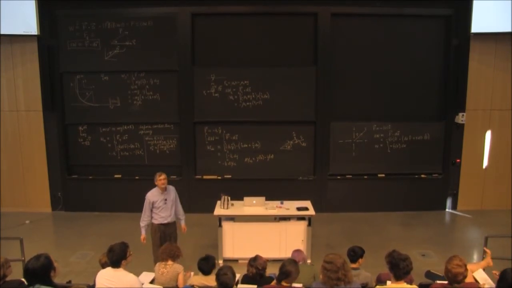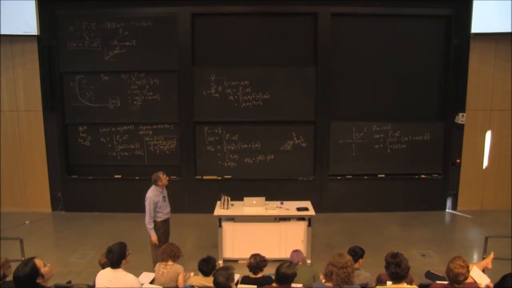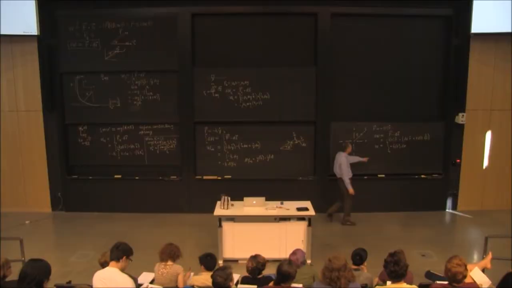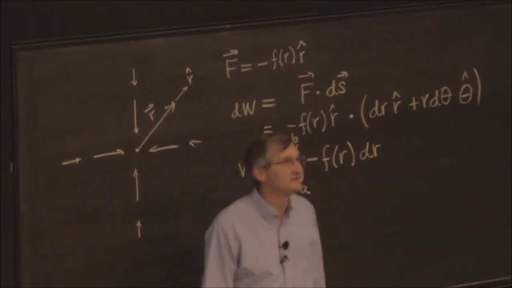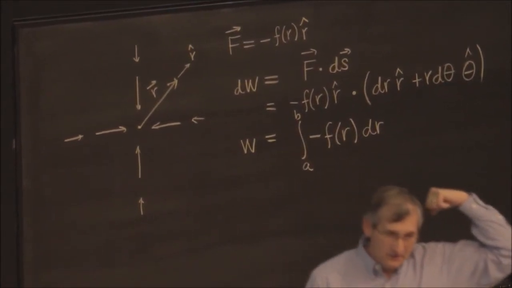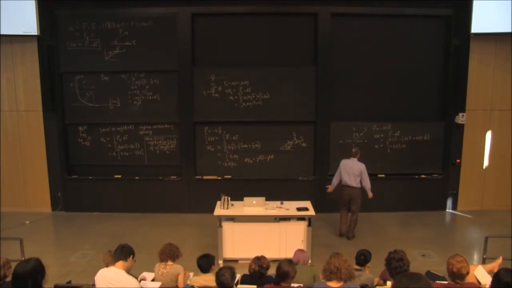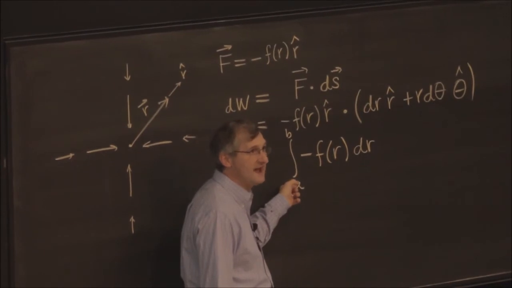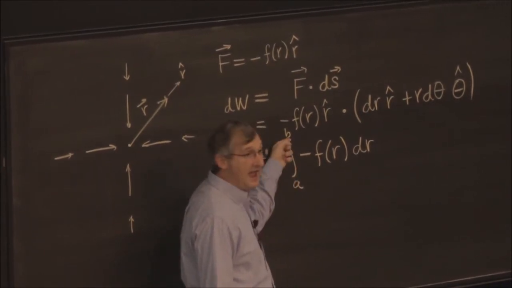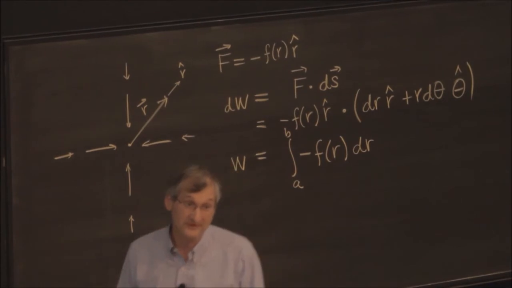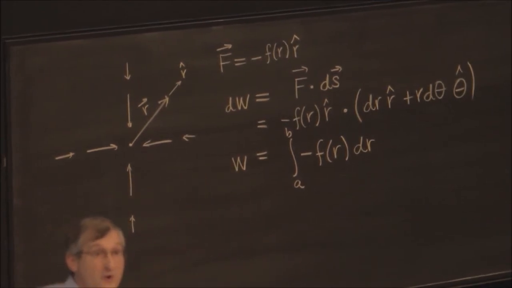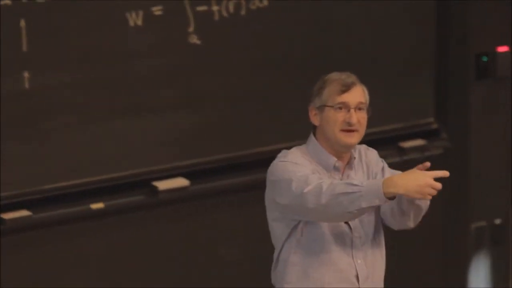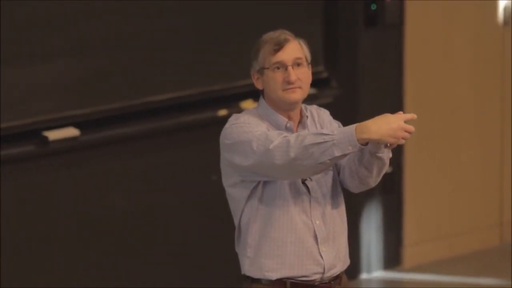I have no idea. It doesn't look very credible towards the center. It looks like it's goofing off. But it doesn't matter. As long as it's pointed in the radial direction, when I do this integral, I just have to worry about how far away from the origin I was at point A, and how far I am at point B. And it doesn't care how much going around I did, because for all the going around, the displacement is perpendicular to the force, so it doesn't count. It doesn't do any work.